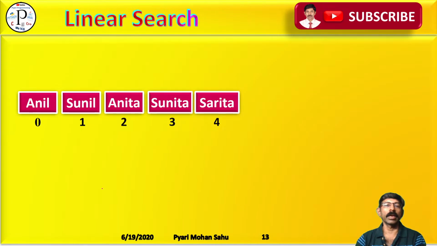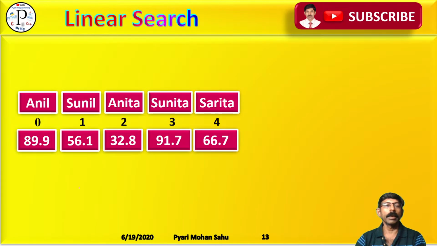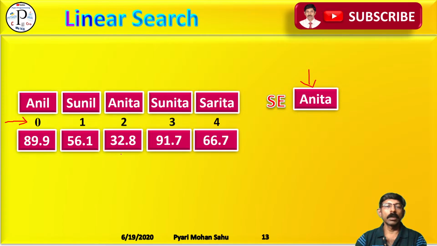Suppose this is an array where I'm having the name, and it is going to be a parallel array, so common index position is shared by both the arrays. And here I want to search the name called Anita. So though it is a parallel array, its mark must be 32.8.